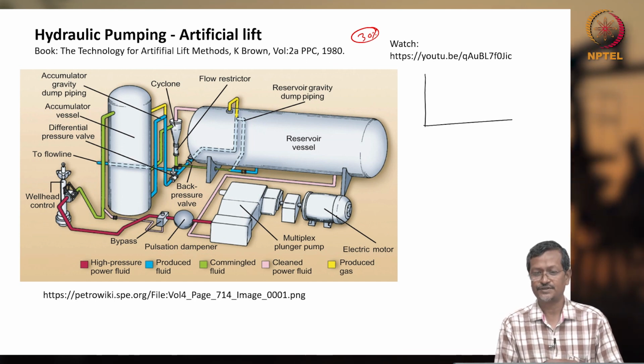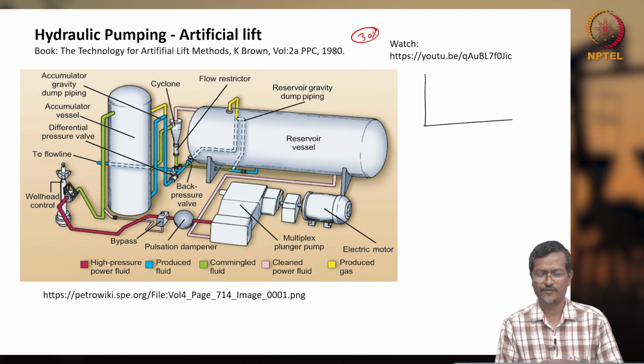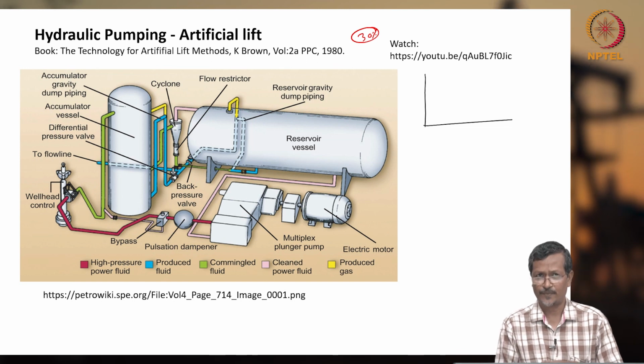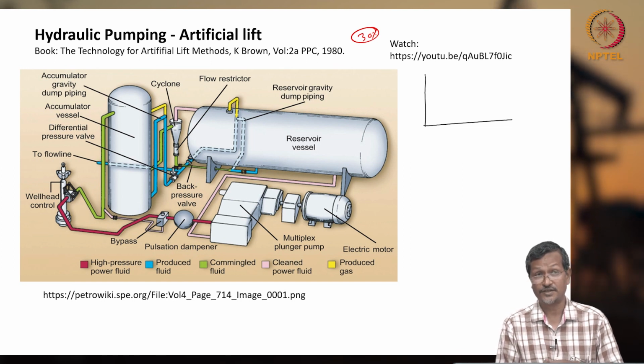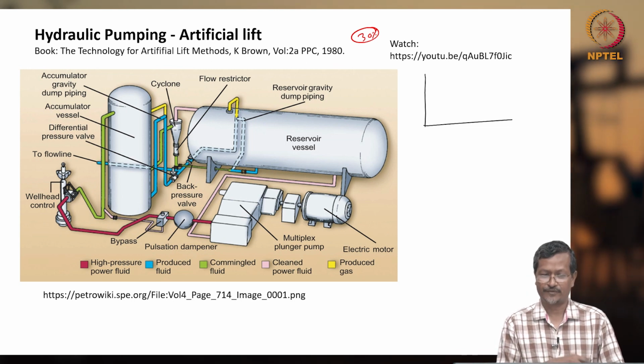For further discussion, students can watch the video link I have given. There are several other videos they can watch to get a basic idea of how the jet pump and the hydraulic engine pump work, and I'll also be discussing the mathematical aspects of the jet pump and how it improves your productivity.